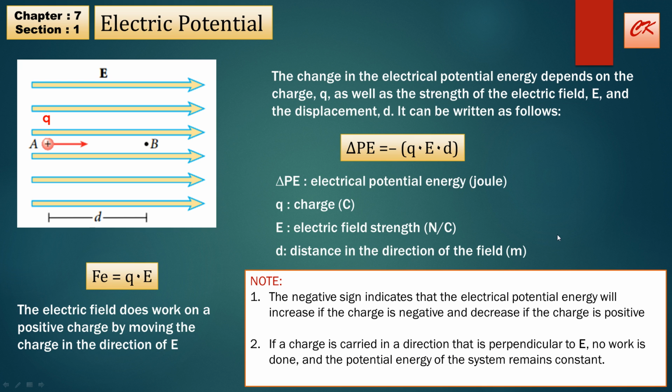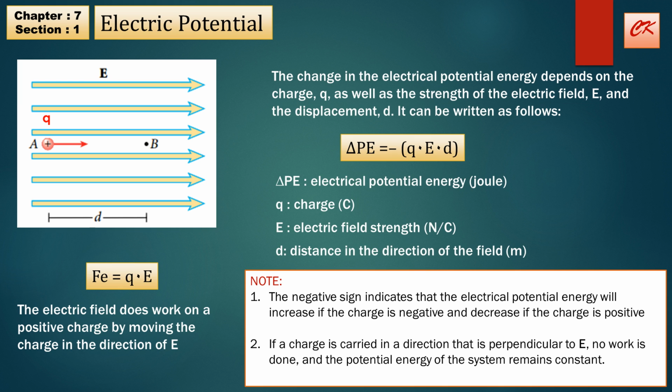I want to share two notes with you. The first one is, here we study with a positive charge, and we observe that when the positive charge moves to the right, its potential energy decreases as negative QED. Instead of positive, if we use a negative charge, then the negative and negative will be positive, so the change will be positive.